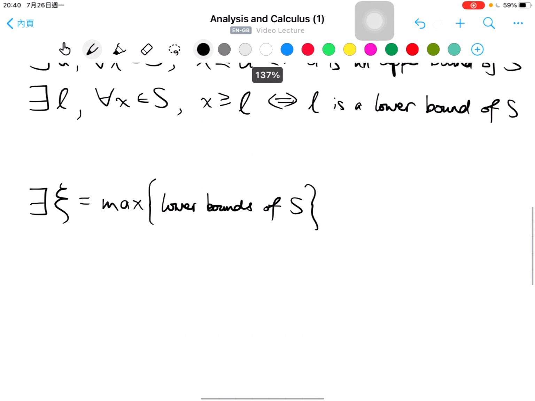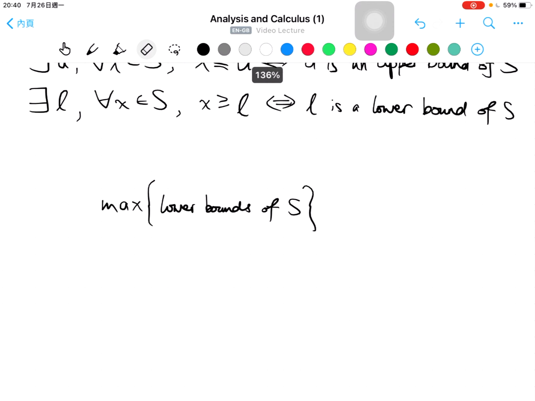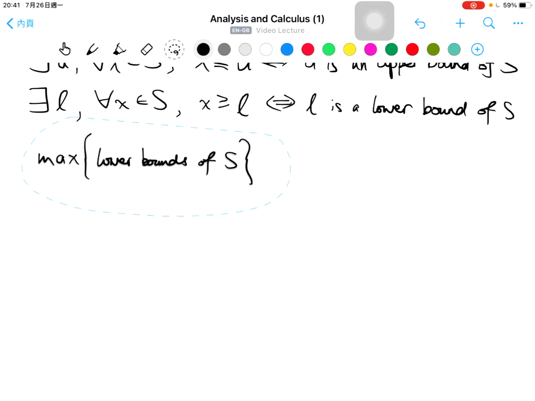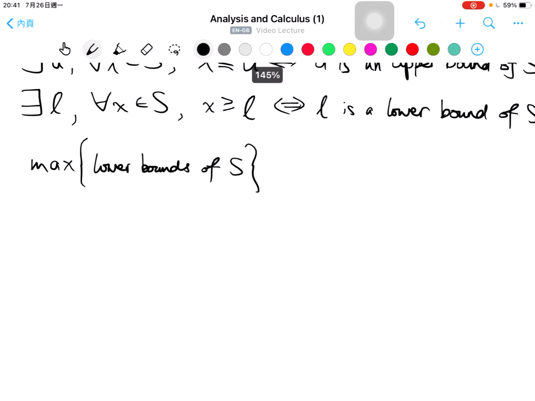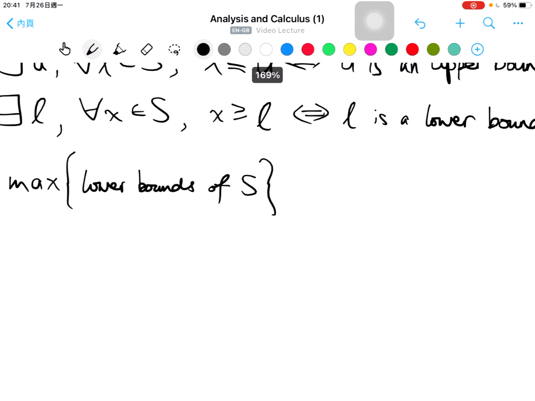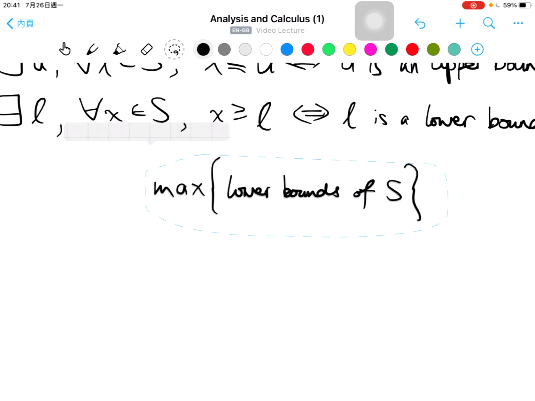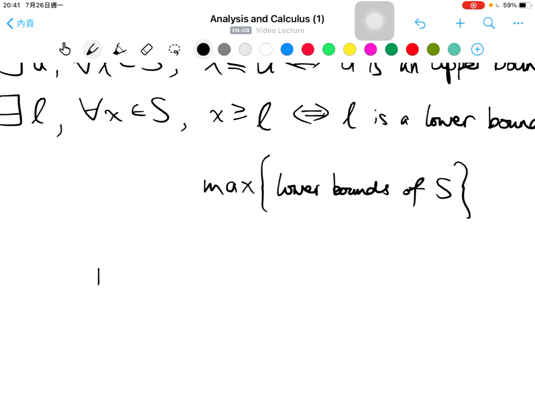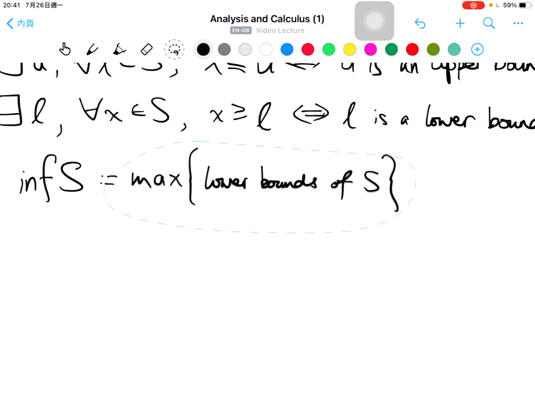Then we say this thing is called an infimum, I-N-F-I-M-U-M. Infimum. This is shortened as INF. It's gonna be INF of S. It's gonna be defined to be the maximum of the lower bounds of S.